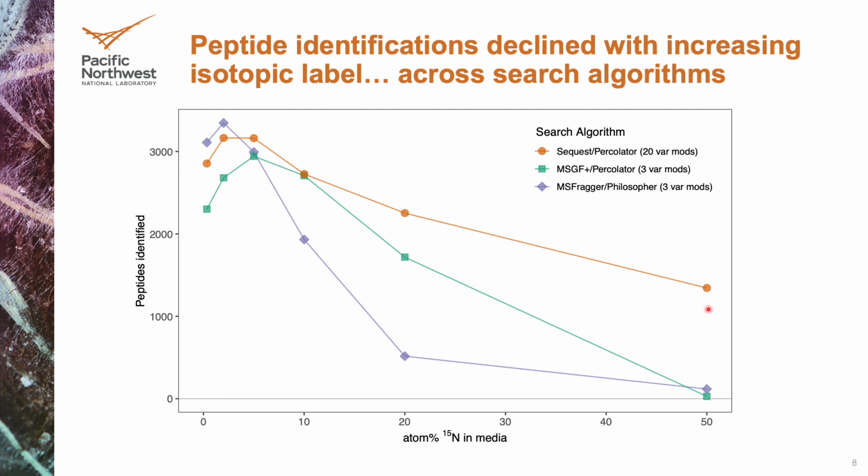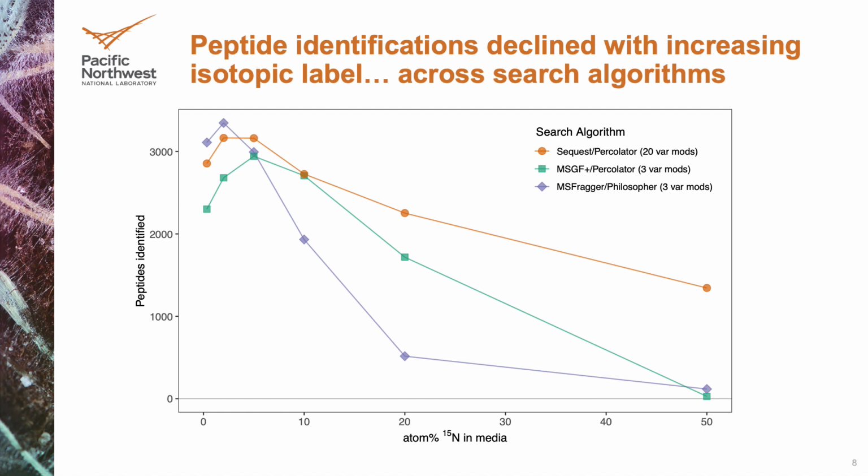That said, we found that in samples enriched 20 atom percent and below, MSGF+ identified a comparable number of peptides to Sequest with a much faster runtime, on the order of a couple of hours per sample rather than tens of hours per sample.